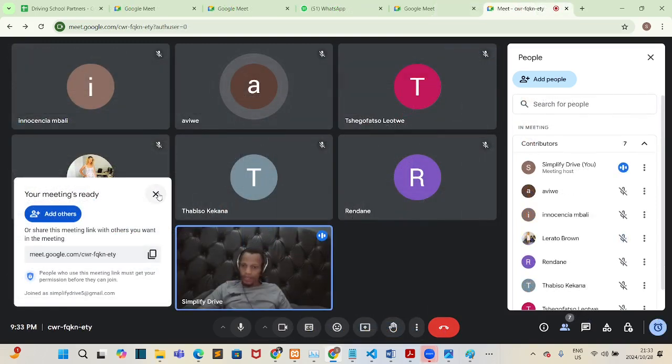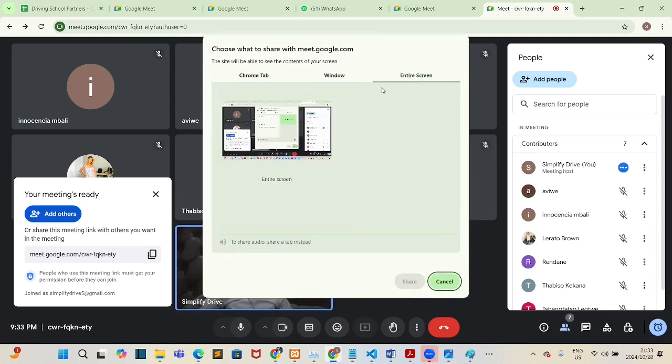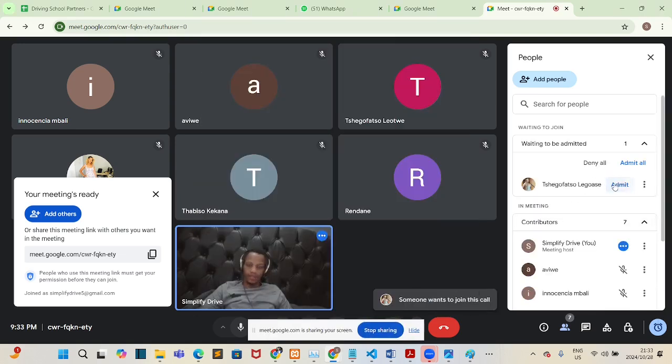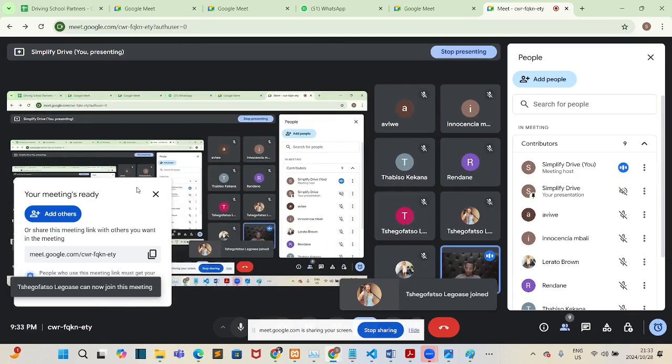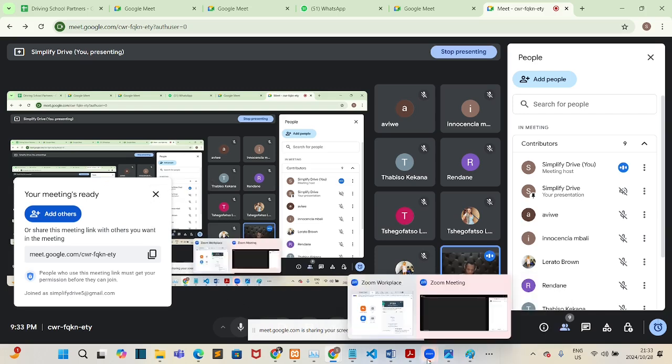So, those two: the signals and markings. In this session we're going to mix it with the road science, so we're going to do all three.